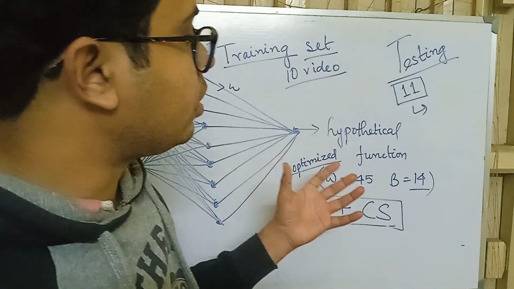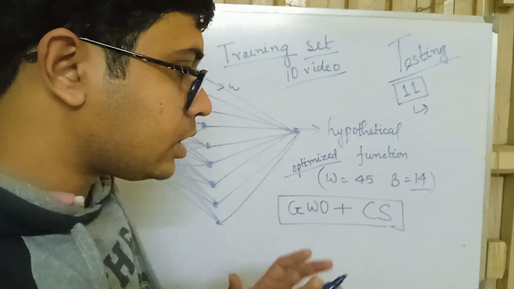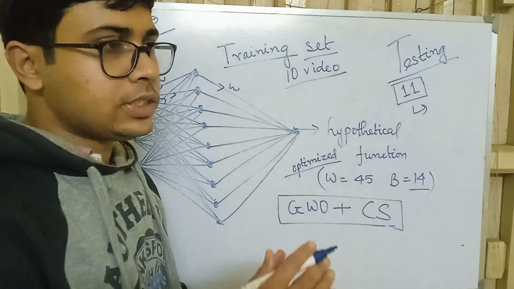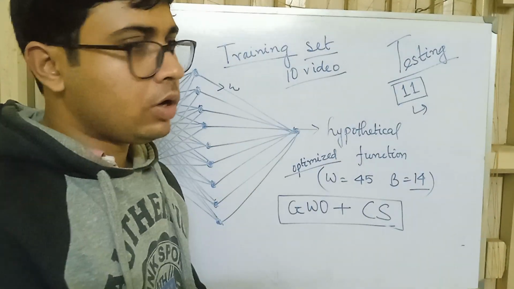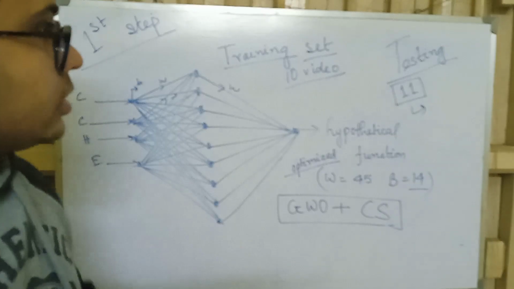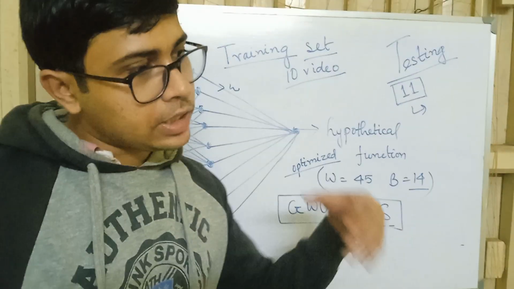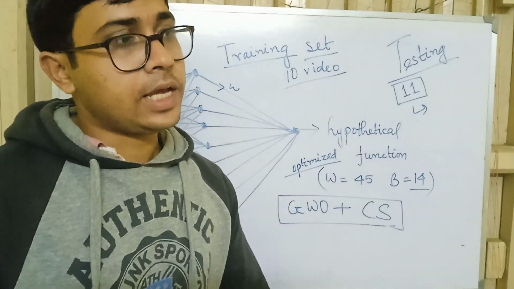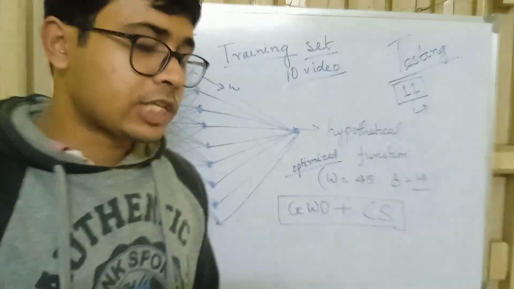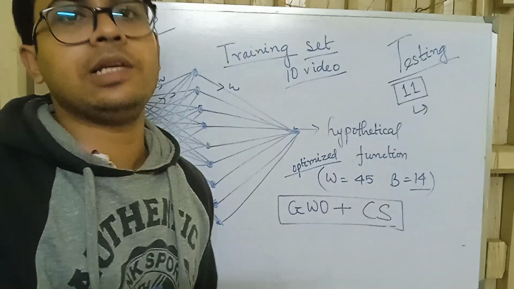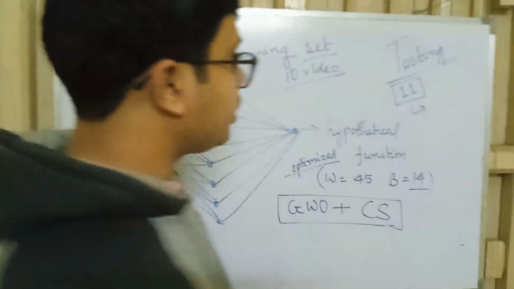I have focused that every transition is covered, no transition is left out, because in the first stage we are just detecting the transitions which are needed, which are truly there. In the second step we are detecting the transitions precisely.